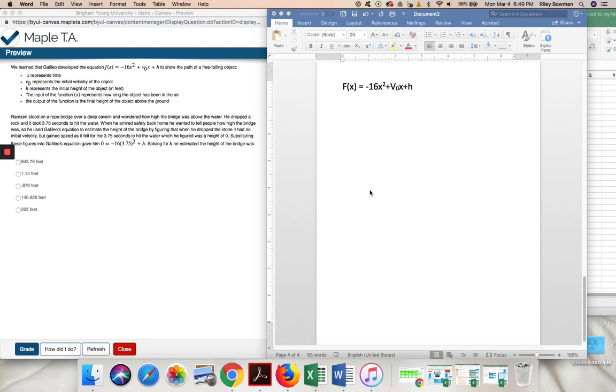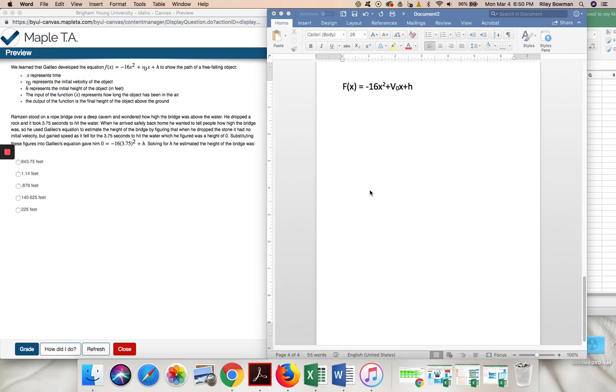He didn't throw it. But it gained speed as it fell for the 3.75 seconds to hit the water, which he figured was the height of zero because when it hit the water, it's then at ground level for what he's considering ground level. Substituting these figures into Galileo's equation gave him 0 equals negative 16.